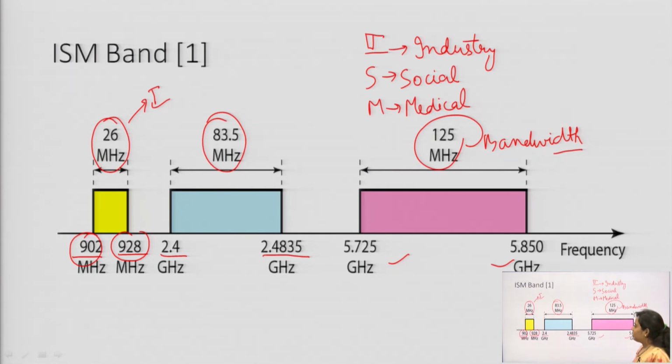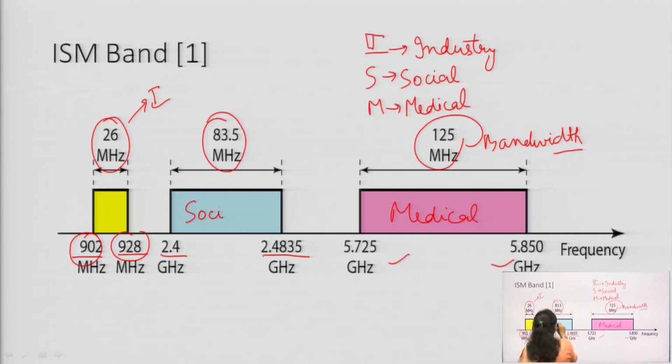Now, you can easily see from this diagram that in the case of this ISM band, the higher frequency range is allocated for medical operation, less than that is used for social applications, and even less for industrial applications. 26 megahertz of bandwidth is allocated for industrial.